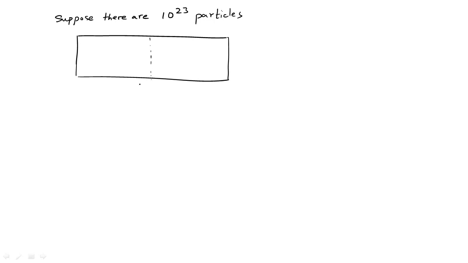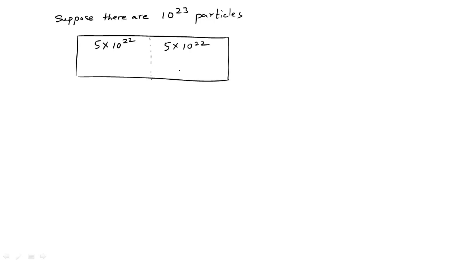The most probable distribution is when there are 5 times 10 to the 22 particles in the left box and 5 times 10 to the 22 particles in the right box. As you know, the particles are moving and the number of particles are never the same. So there are fluctuations in the number of particles in the left and right box, which lead to various different distributions.